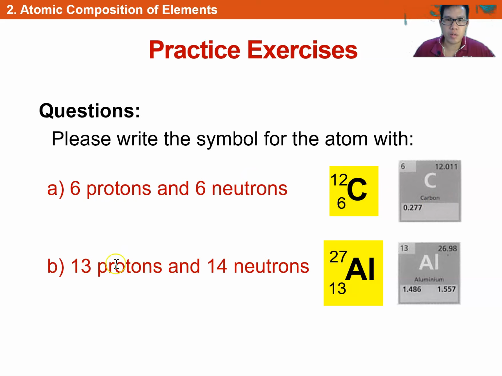Over here, 13 protons is aluminum. Looking at the periodic table, the top left hand corner, 13. So you put the atomic number at the bottom, and the nucleon number is the combination of 13 and 14, added together is 27. Right, very easy.